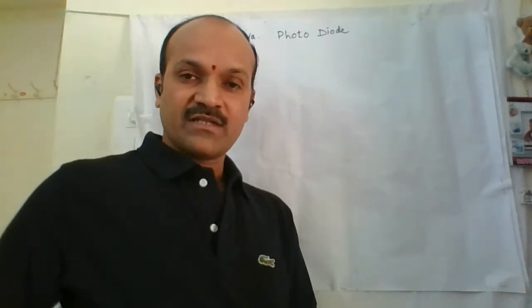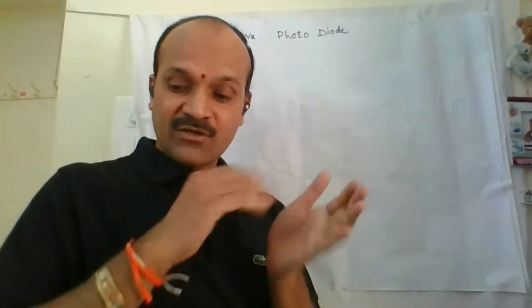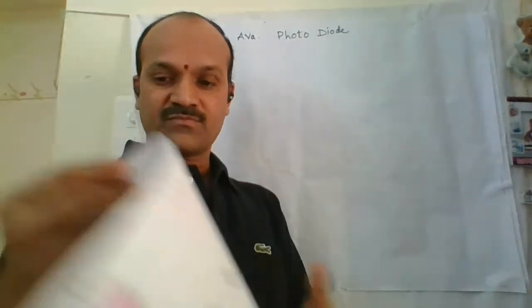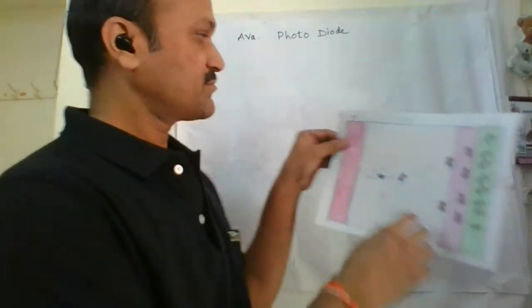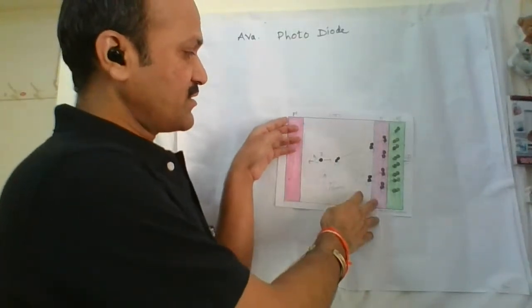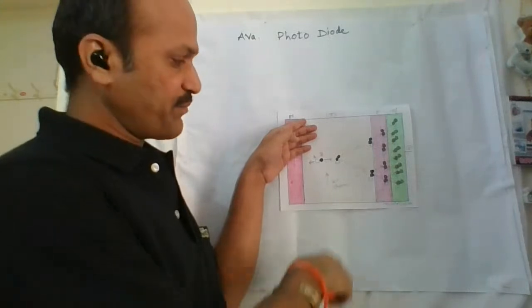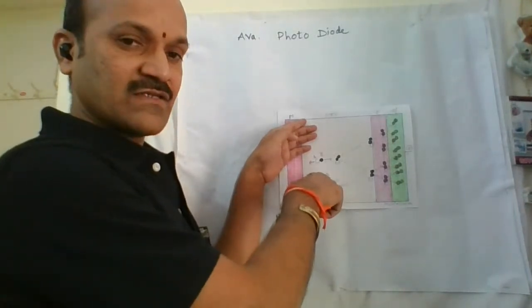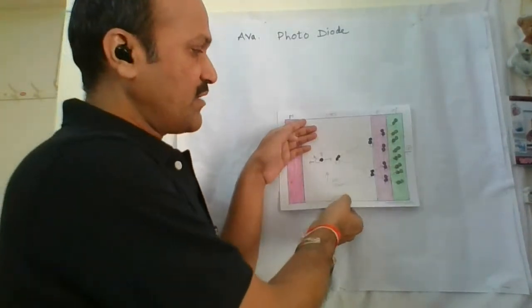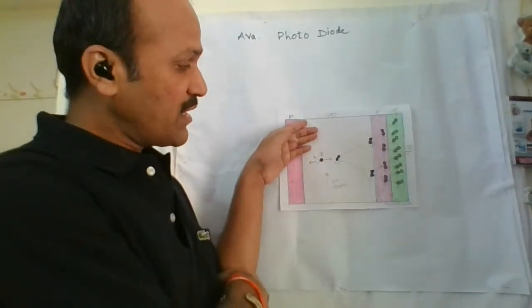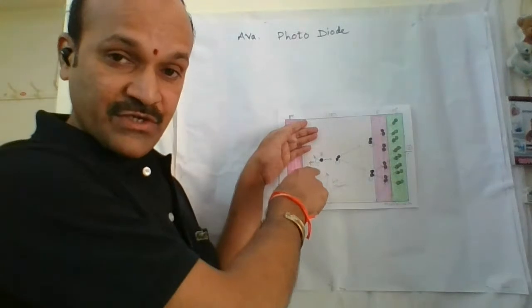What happens when this low intensity light is incident on it, I will show a picture. When low intensity light is incident on it, electron hole generation takes place.